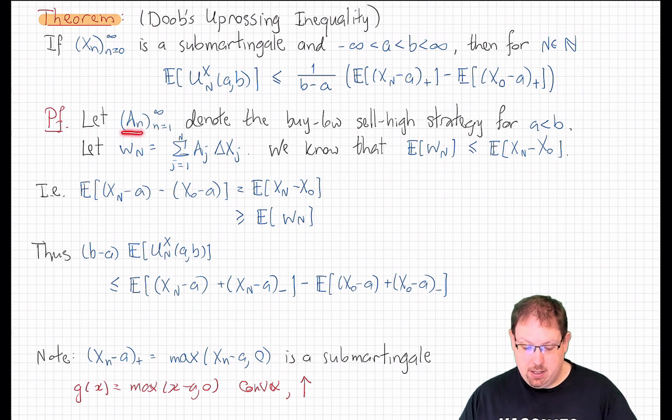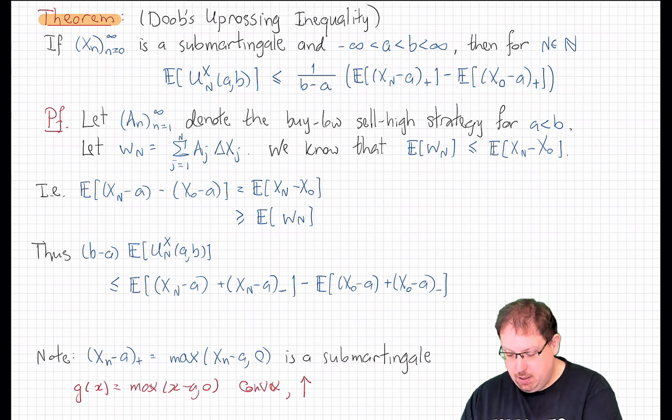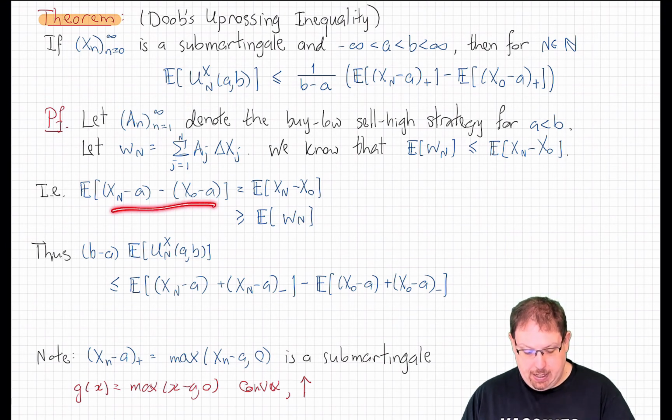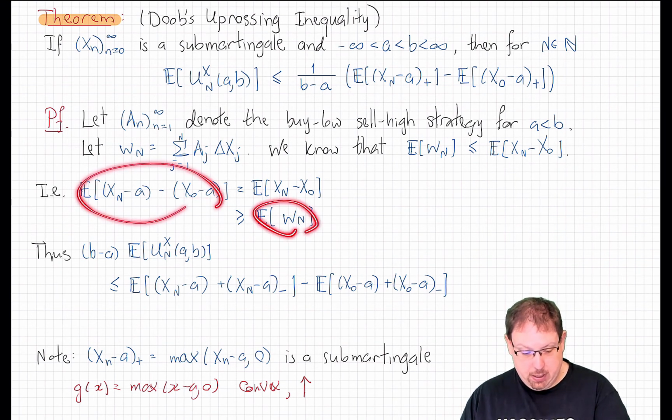If we let An denote the buy low, sell high strategy for a and b, as we just went through, and let Wn denote our profit beyond our initial fortune up to time n, then from the first result we proved, that the all-in strategy is king, we know that the expected value of this increment to our fortune is no bigger than the expected increment in the stock price during that time. But the increment in the stock price can be written as Xn minus a minus X0 minus a. And therefore, this is bigger than or equal to our expected profit.